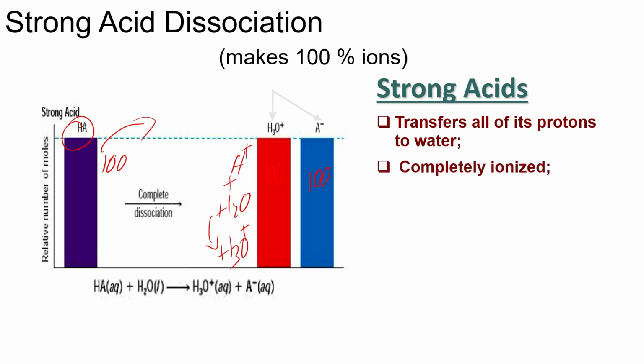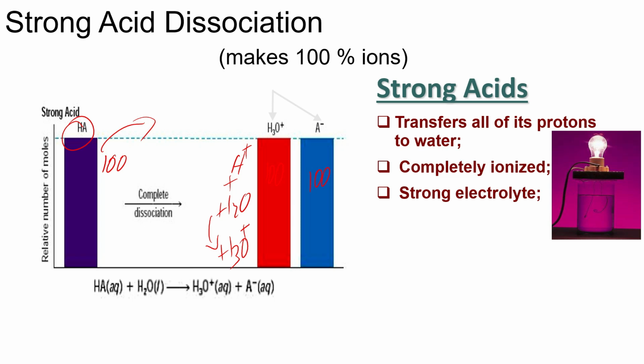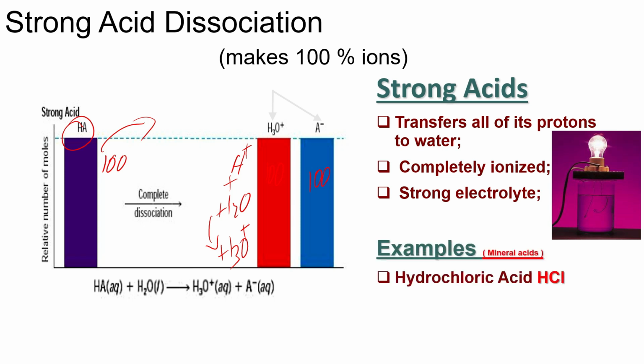Completely ionized or dissociated. Third criterion, strong electrolyte. Strong electrolytes means complete ionization and passing electricity easily, as we saw. Like all mineral acids, they are strong with different degrees: hydrochloric acid, nitric acid, and sulfuric acid.